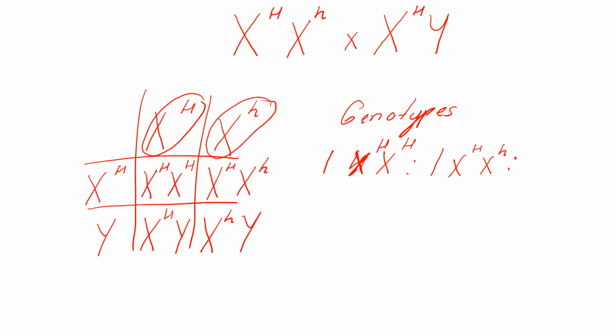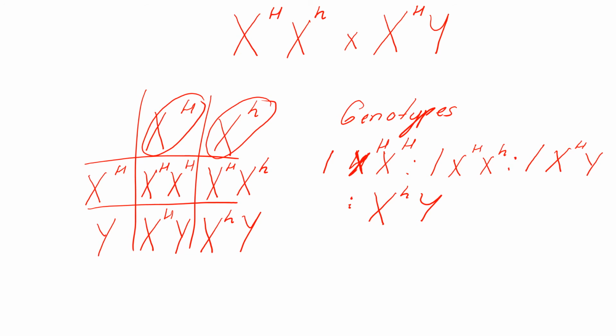So she's going to be a female, but she's going to be a carrier. I could have one male, which will be X, capital H, Y. So he's X and Y, but he's not a haemophiliac. And I also have, now here's another genotype, X, lowercase h, and Y. Now, that is a lot of information.